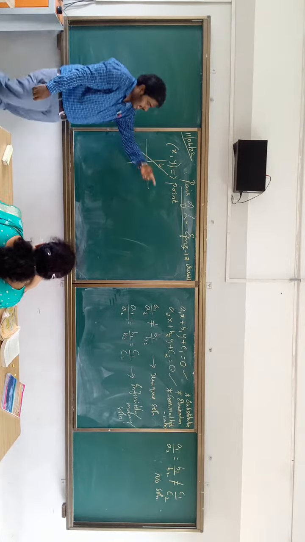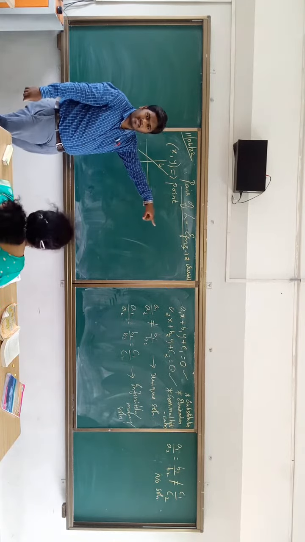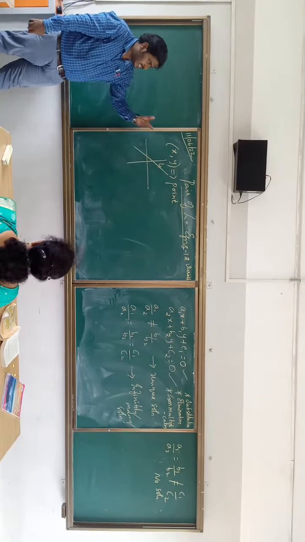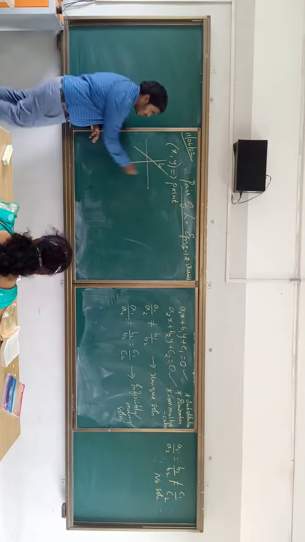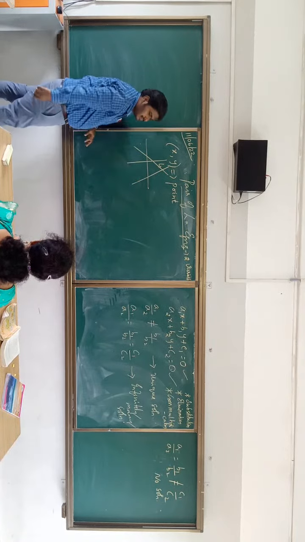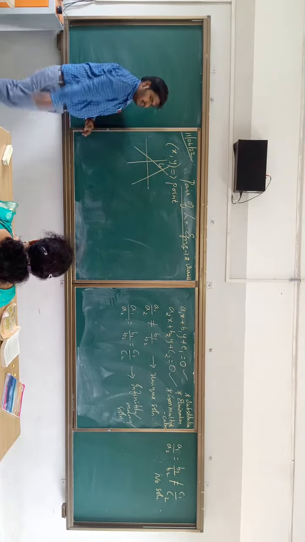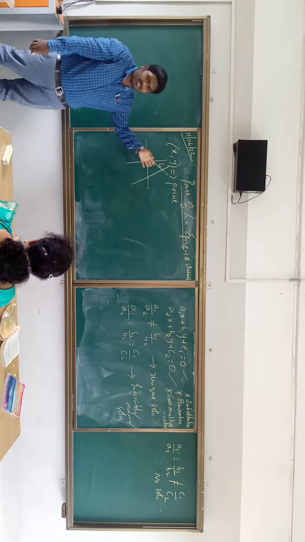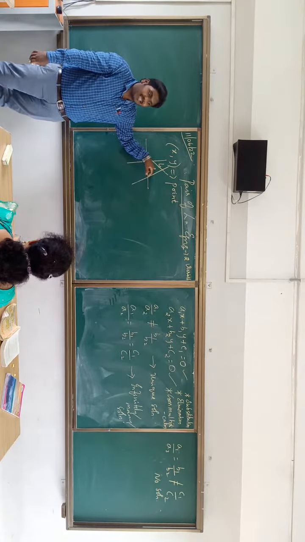And then the other line, a2x plus b2y plus c2 equals 0, is the other equation. That is also tracing a straight line. These two lines look like this, they are intersecting. Right?